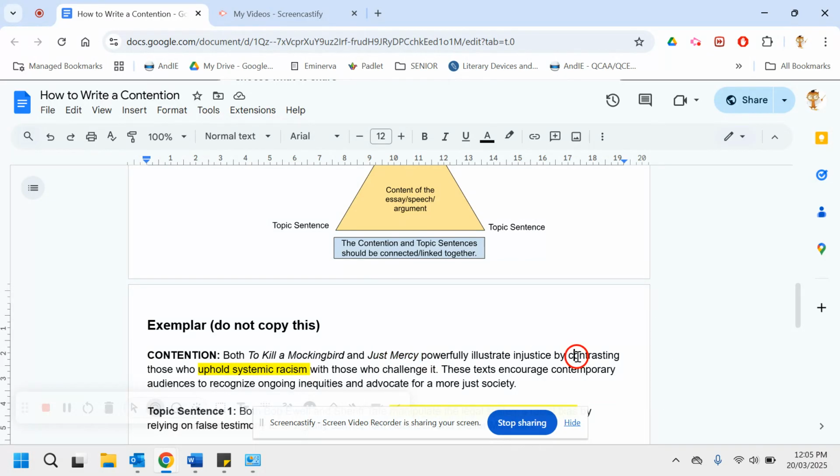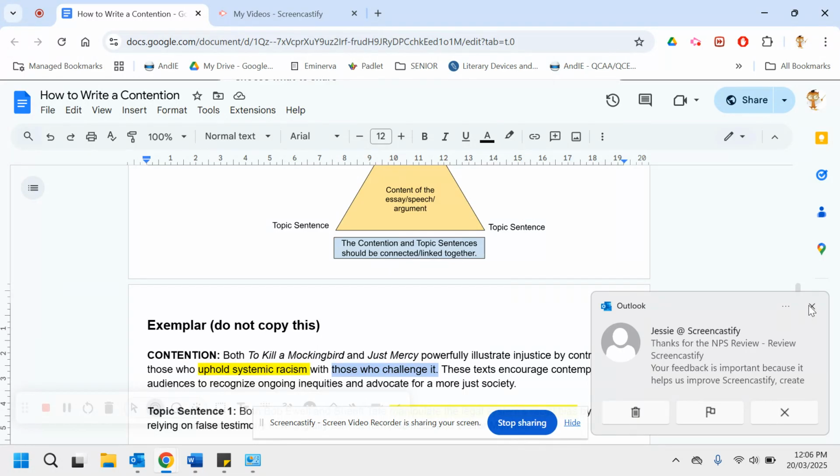And I'm going to talk about how that injustice is contrasted, okay? And it's contrasted by characters who uphold it and perpetuate racism and injustice, so they're the ones that cause it, and characters who challenge it and stand up against it. Okay, so I've decided to attack it in that respect by doing a character-based essay.